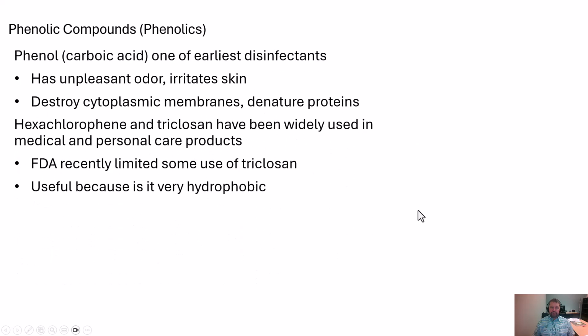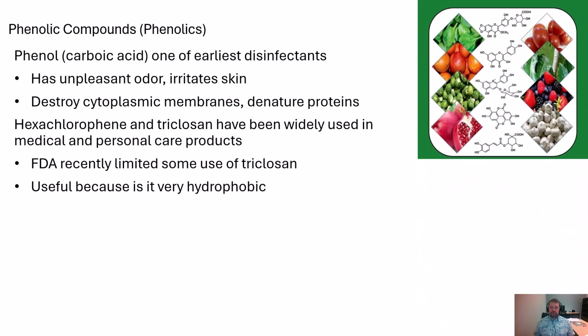Phenolic compounds or phenols, like carbolic acid and other things. A lot of these are derivatives and tend to be considered a little safer because a lot of them come from plant material, a compound that we can either alter from plants or a compound that is naturally produced by plants, and so some of them are used often.